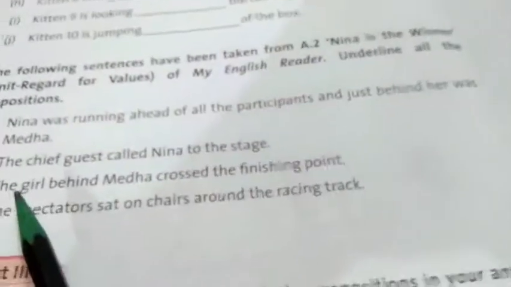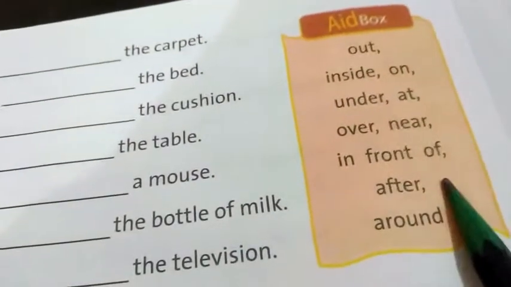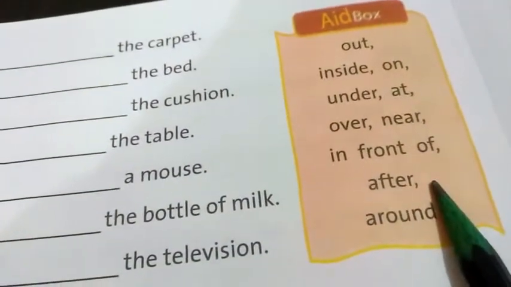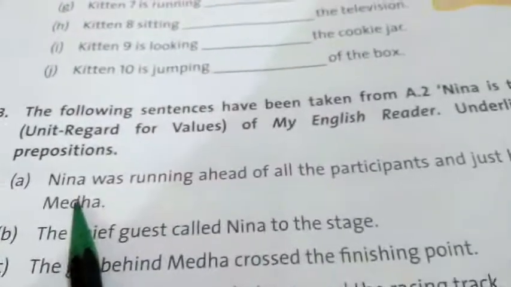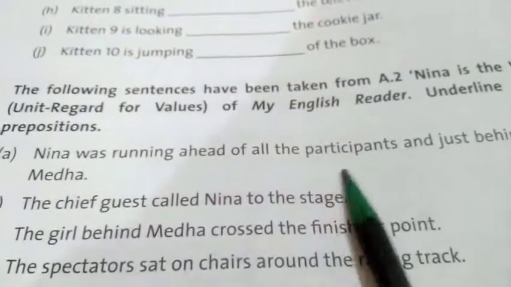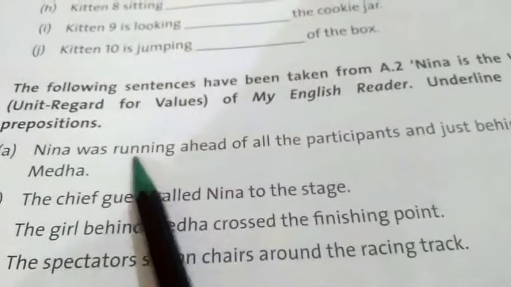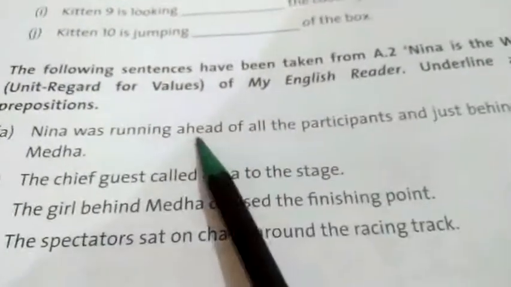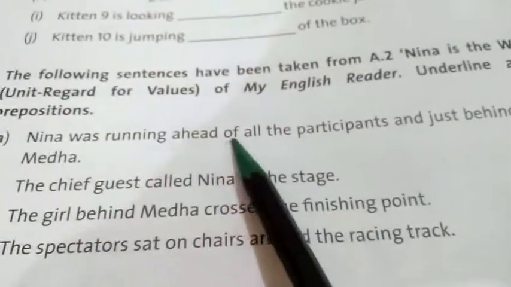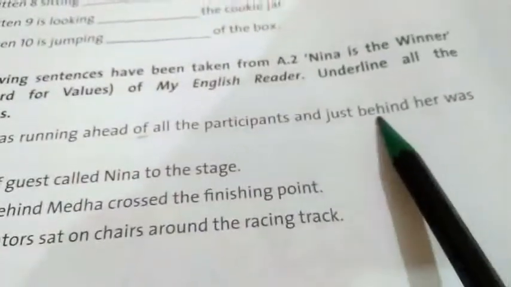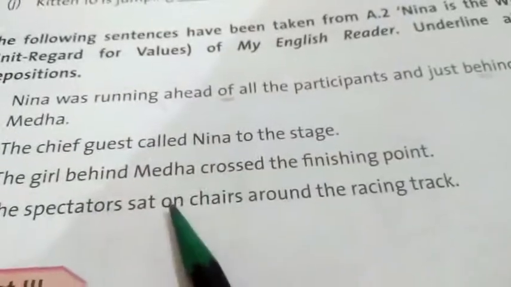Now the other exercise. Hope you understood this one. Here is a help box also. You can take help from it to choose the words. Here you have to underline the preposition, which you have already done in the previous exercise. This one is preposition, this one is preposition, and I think this is easy for you.